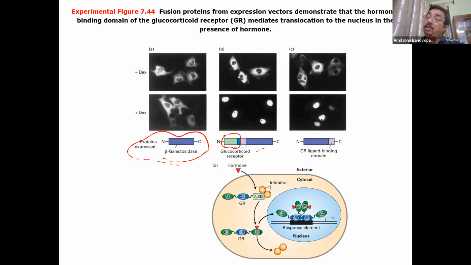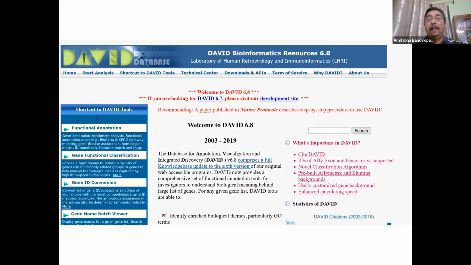So when it binds to tamoxifen, instead of dexamethasone, you just think tamoxifen. Minus tamoxifen, Cre is outside of the nucleus. Plus tamoxifen, Cre moves in, and recombination happens. So that's how it is.